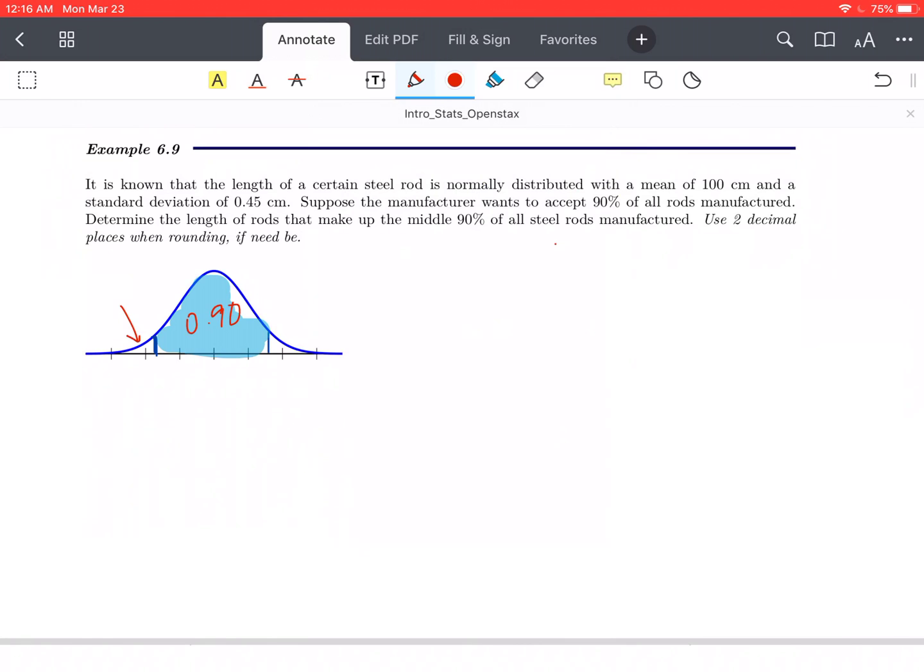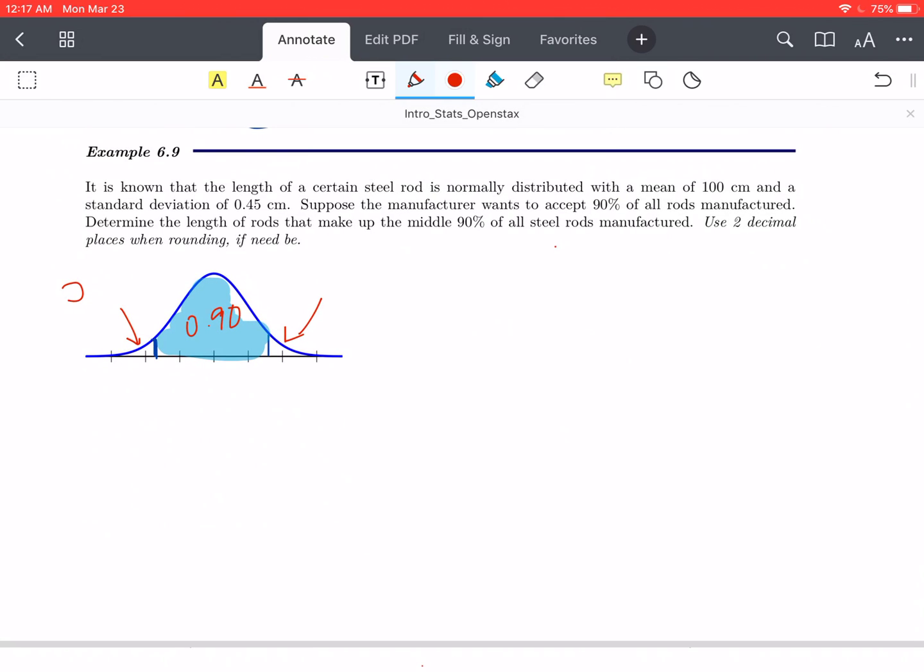Which means out here in these tails, this is going to be important. The tails aren't 10%, right? Because there's 2 of them. We're splitting this into 2 pieces. So this one has 5% over here, 0.05. And this one also has 5%, so 0.05 for that one as well.